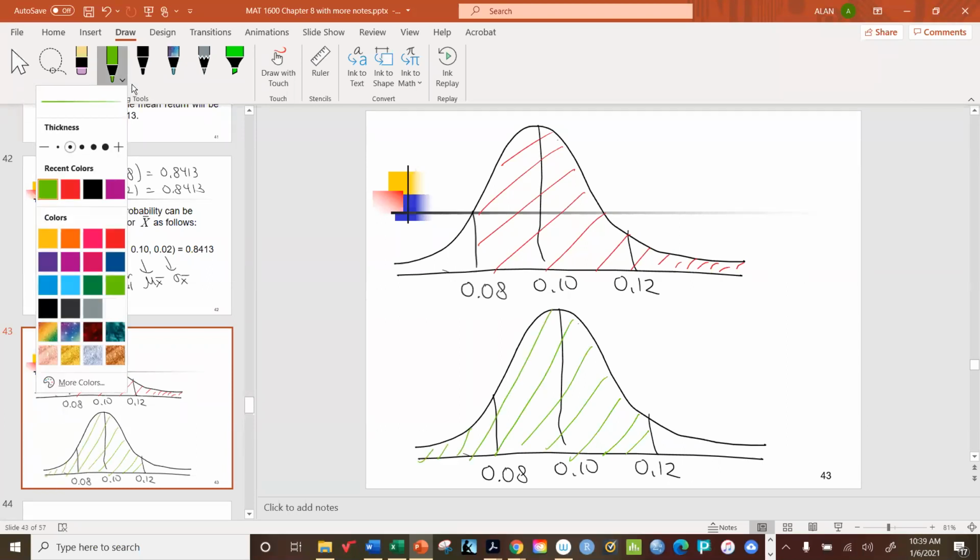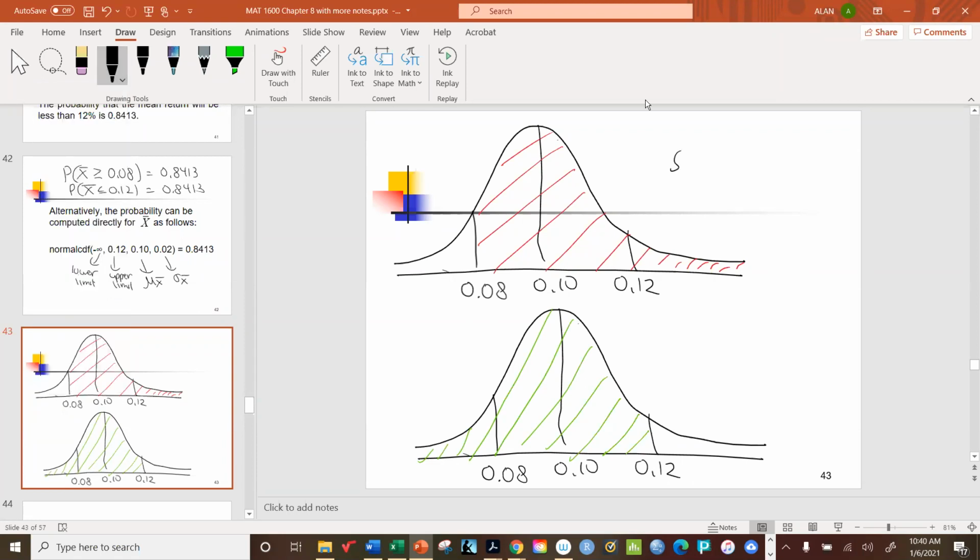And that's because of the symmetry of the normal distribution. And again, that's one of the very helpful properties of the normal distribution.